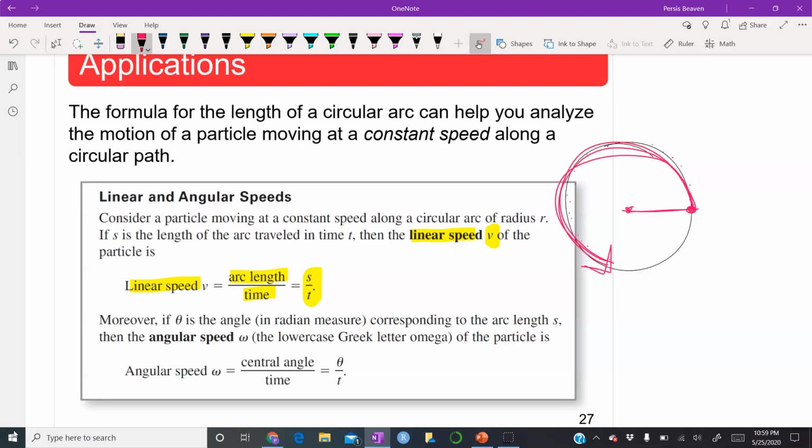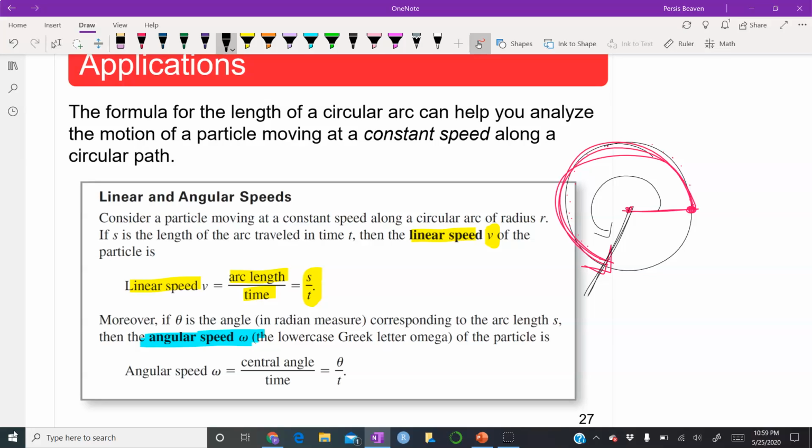But now, if what we want is the angular speed, and the word angular, it refers to the angle measure. So we don't want to know the length the particle cover. We want to know how many angles the particle cover based on the central angle definition.